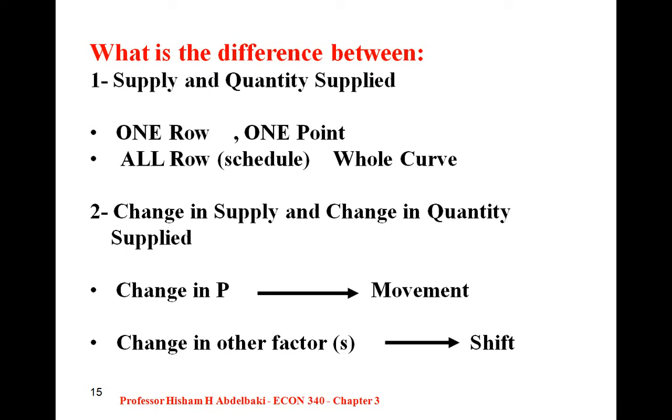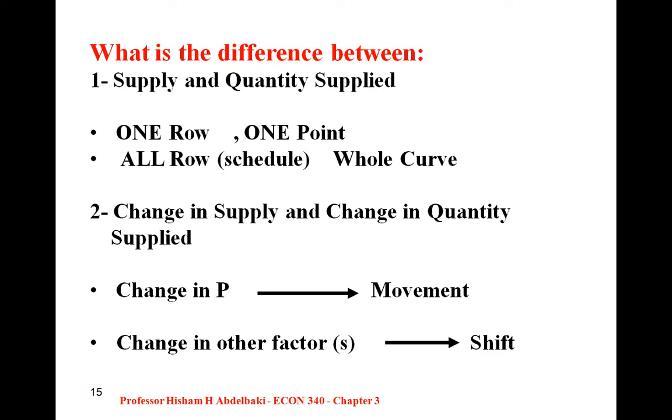Difference between change in supply and change in quantity supplied. Change in quantity supplied is due to a change in the price of the same good. So we move from one row to another in the same schedule, and from one point to another on the same supply curve.